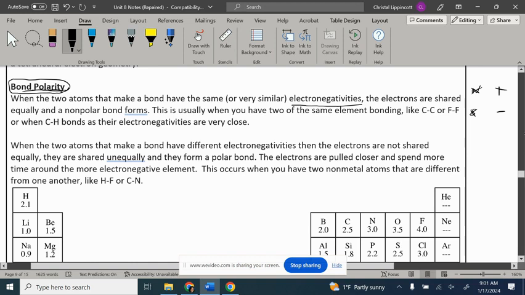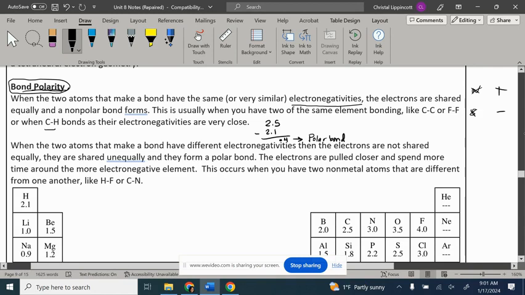For example, carbon is 2.5 and hydrogen is 2.1. So the electronegativity difference there is 0.4. That means this is going to be a polar bond.